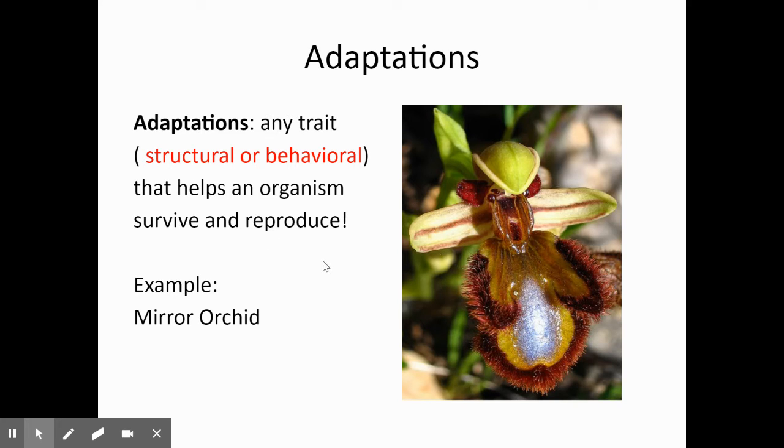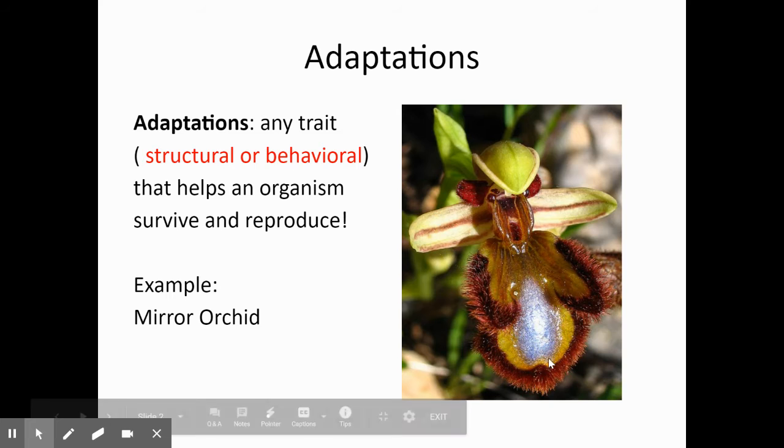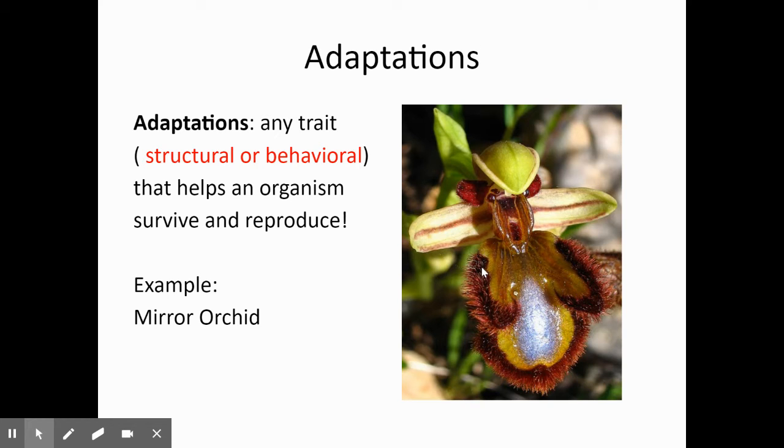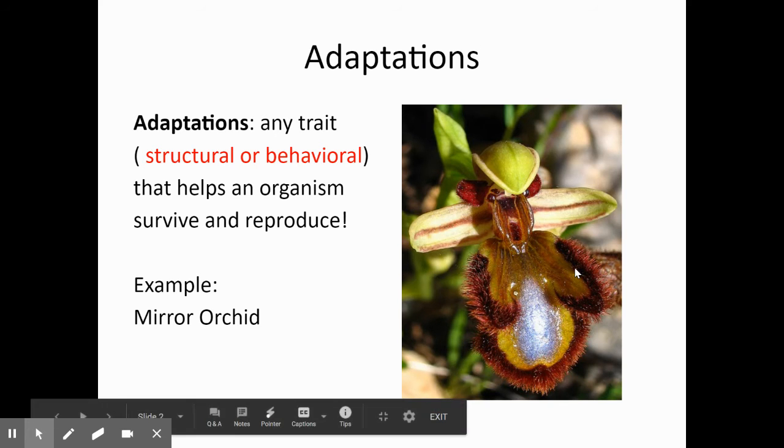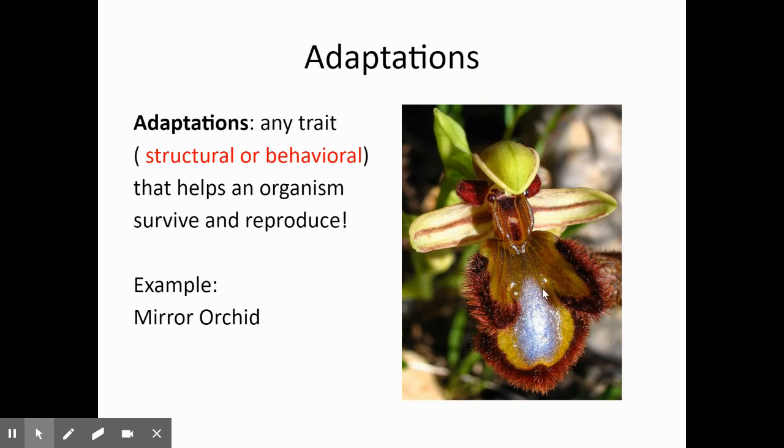Here's an example. This is a mirror orchid, and when you look at it, it kind of resembles an insect. It actually is supposed to resemble a female wasp, so of course the males are going to come along and try to mate with this flower because it looks like a female.